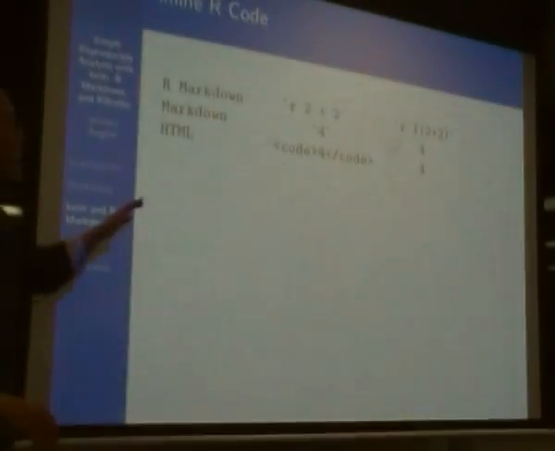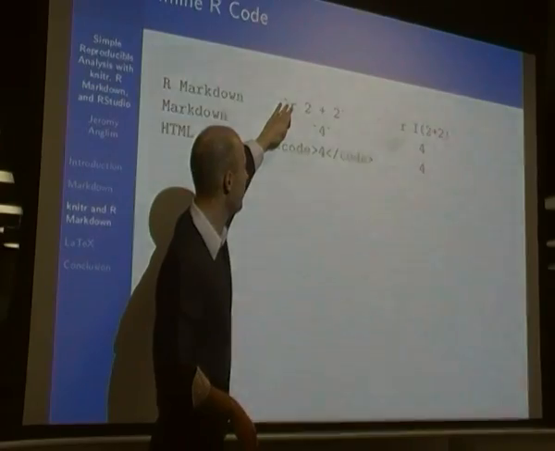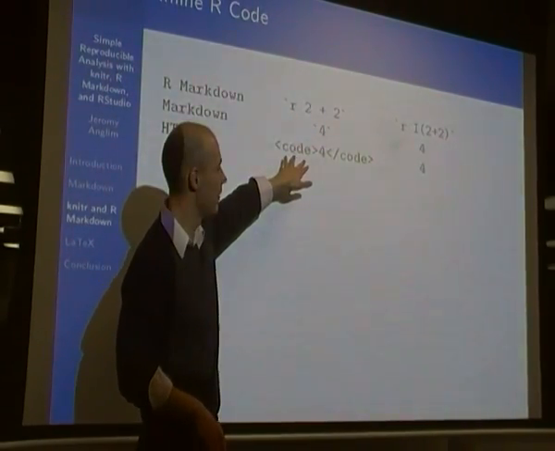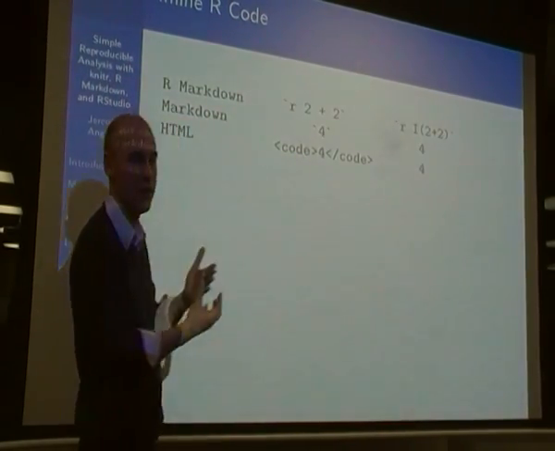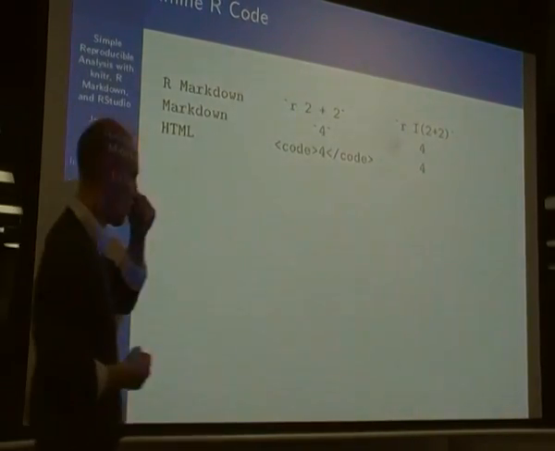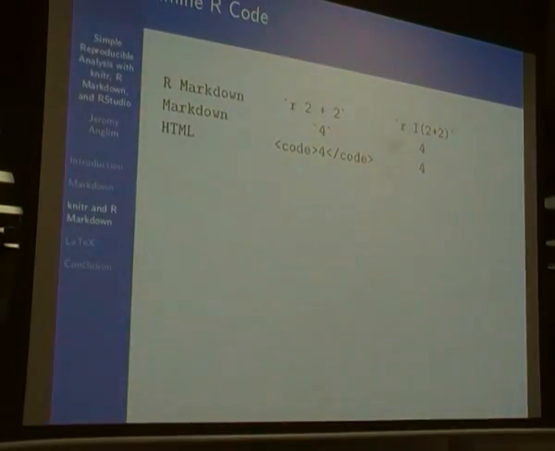I've already mentioned this, but yeah, the two kinds of options for inline code: you've got this one which produces backticks Markdown and surrounds it with code HTML, which may be what you want if you're incorporating some inline results and you want it to be clearly displayed. But if you just want raw results, then you surround it with this capital I business.